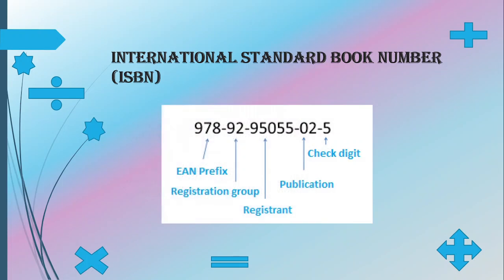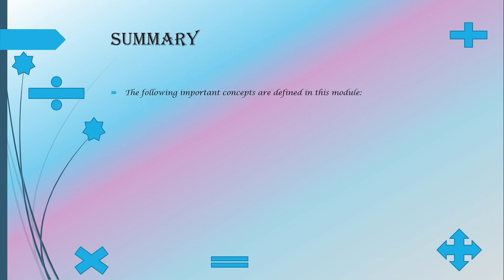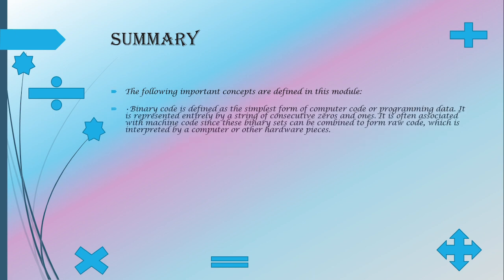So here is an example of the ISBN. As you can see, we have the EAN prefix, the registration group, the registrant, the publication, and also the check digit.